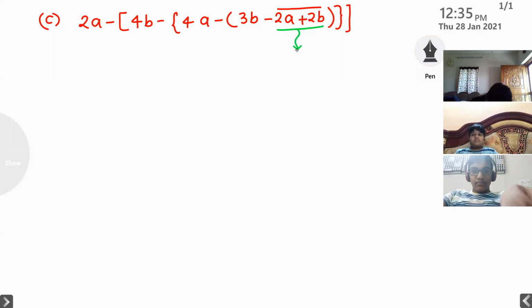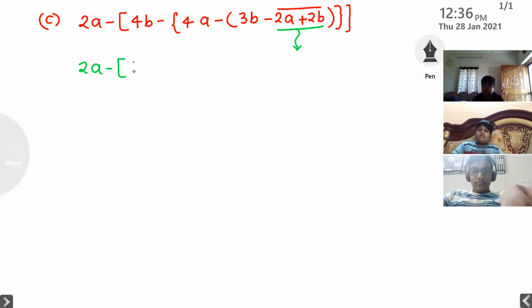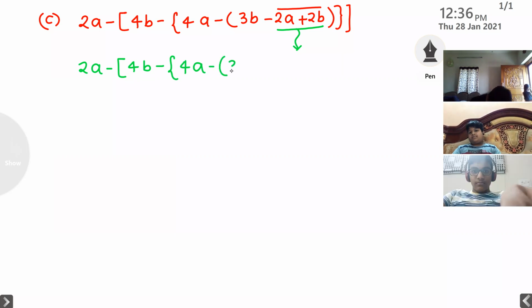Some students or some teachers write here minus 2a plus 2b. That is 100% wrong. When we are opening the line bracket, it means the sign will change. Whatever remaining terms are there, I will write as they are: 2a as it is, minus 4b as it is, minus 4a as it is, minus 3b as it is.